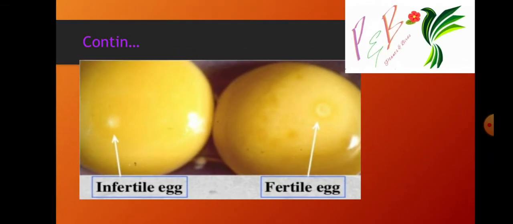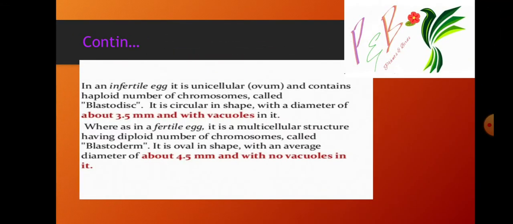Whereas a fertile egg is a multicellular structure having a diploid number of chromosomes, that is double. There is a single set here, and a double set of chromosomes will be present, called the blastoderm. It is oval in shape, not circular, with an average diameter of 4.5 mm and no vacuoles.